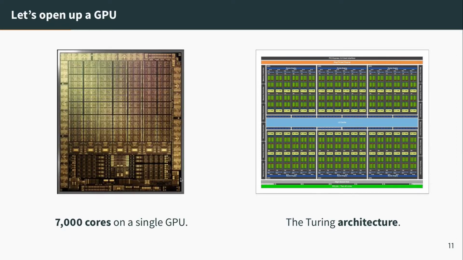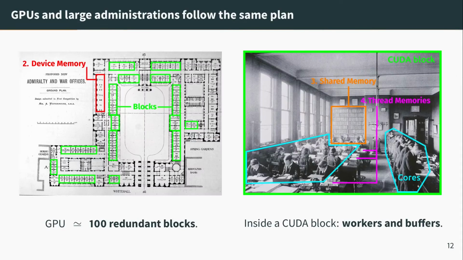And okay, maybe this is a silicon chip, but you can go on NVIDIA website and they show you a very nice diagram, okay, that we are going to inspect in detail at the end of the lecture. And the first thing that you can remark is that this organization, this floor plan, looks exactly like the plan that you find in large departments, in ministries that were designed in the 19th century.